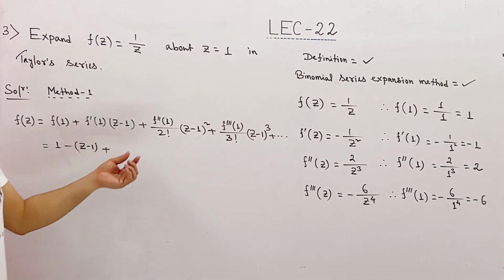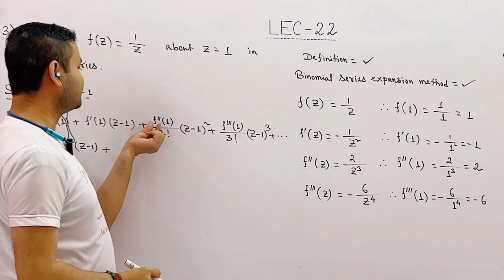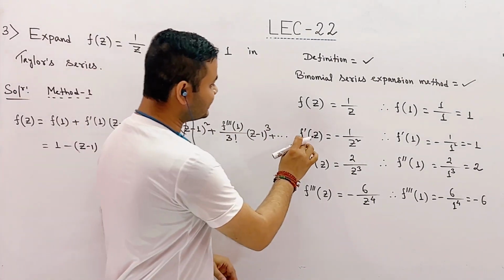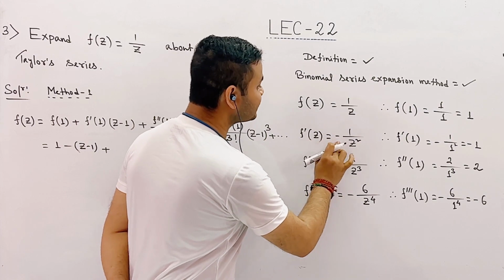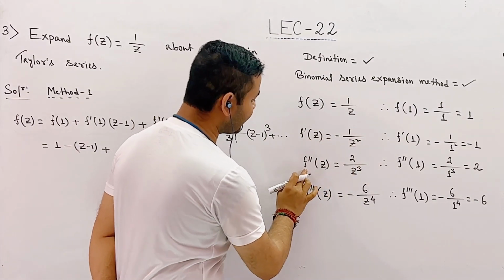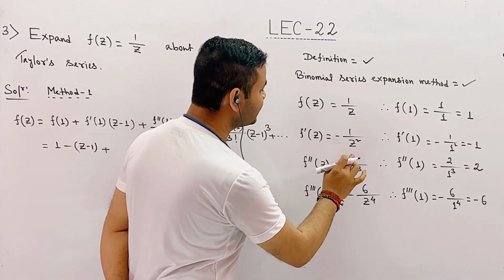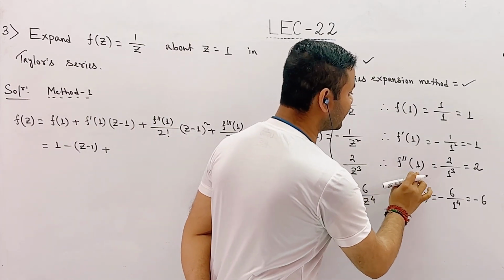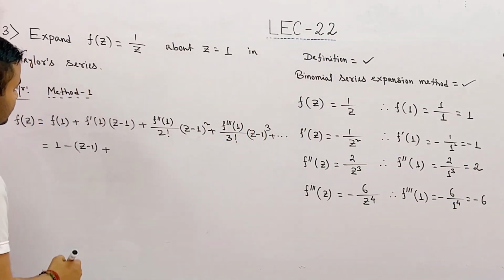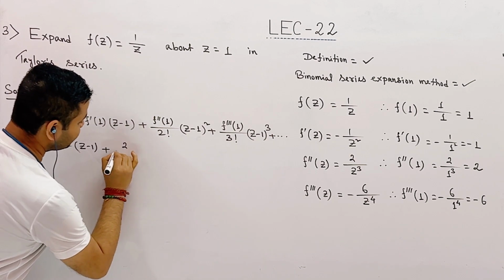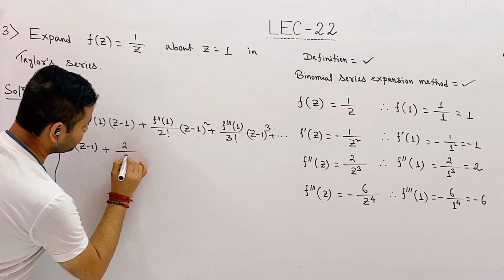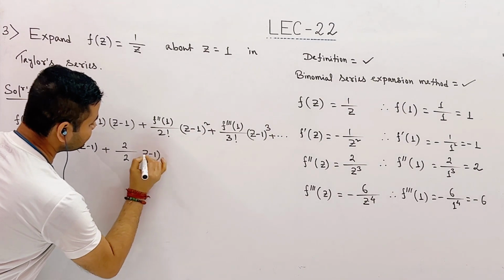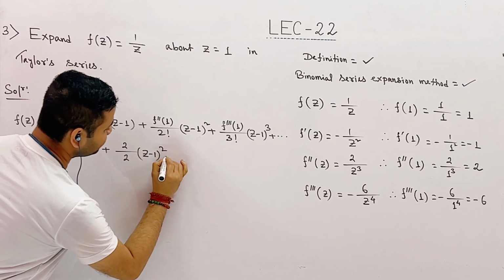plus. Again, let us find out the value of f double prime 1. Since f prime z is equal to minus 1 by z square, so f double prime z will be 2 divided by z cube. So, therefore, f double prime 1 will be 2. So, 2 divided by 2 factorial means 2, z minus 1 whole square.